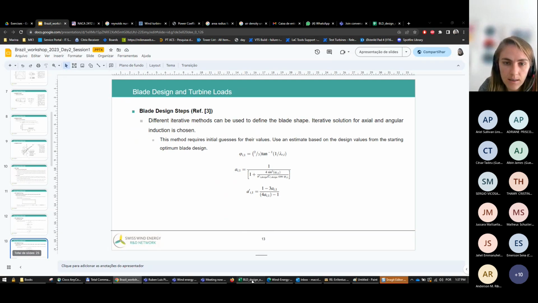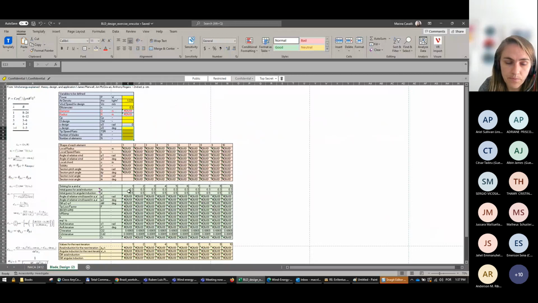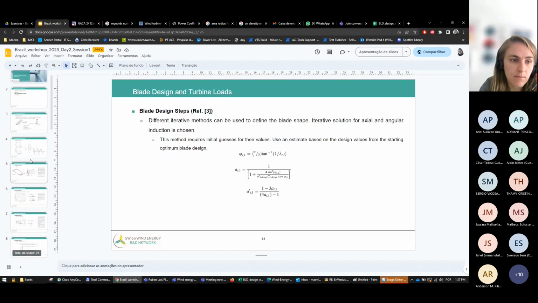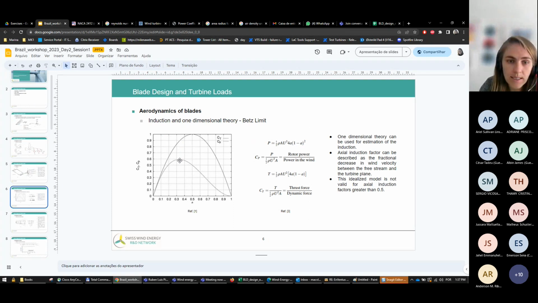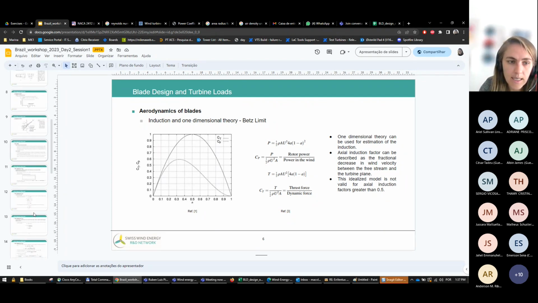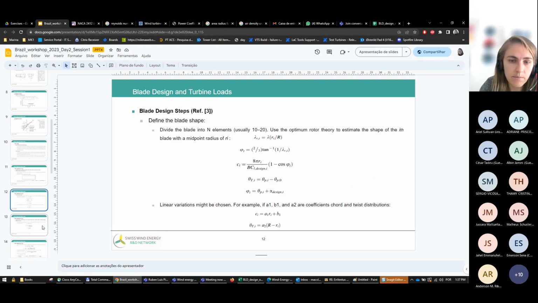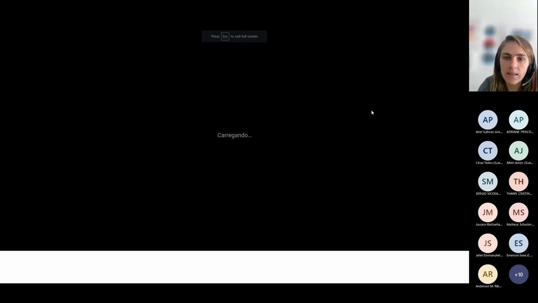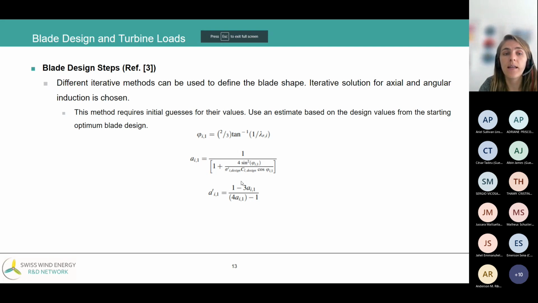And here I think, for example, I already did a first guess of 0.3 and 0.5 based on this plot here that are closer to the Betz limit. And then once we have the first guess, then we calculate again the induction, and then we go back to the first equations.